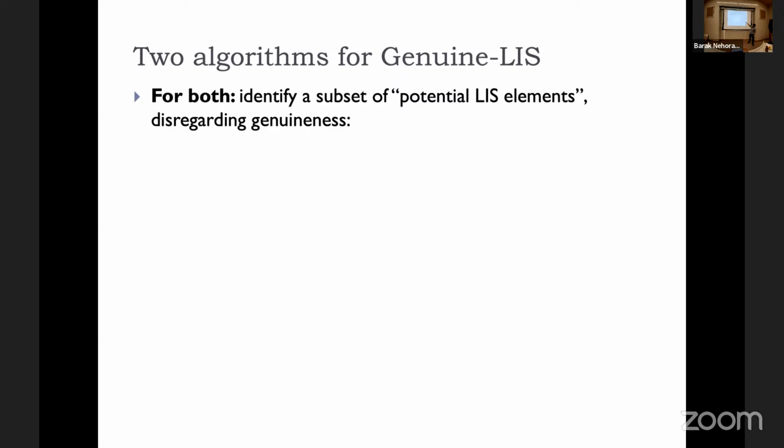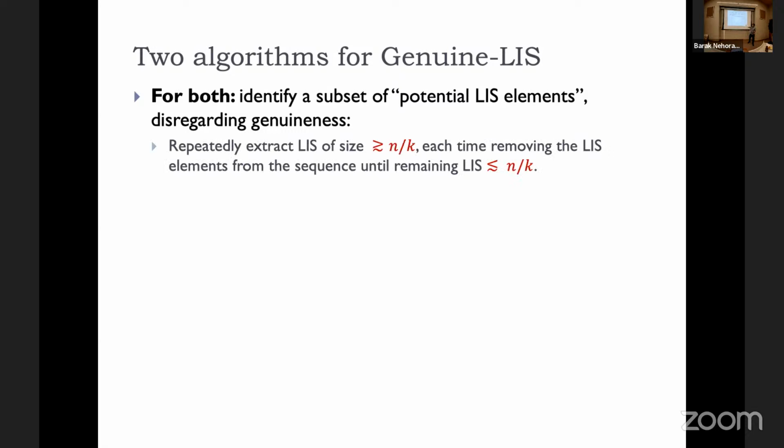Okay, so regarding genuineness, we do the following. We extract what should be the potential LIS elements. This is extracting a set P that for sure contains a large fraction of the genuine LIS. We do it as follows.